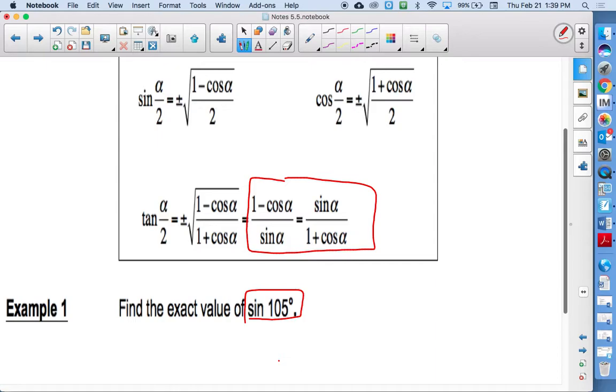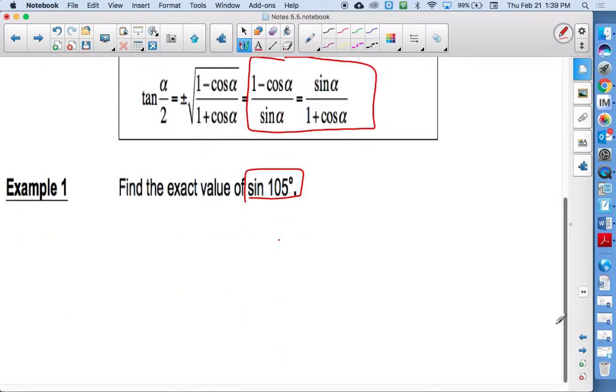So the half angle formula says we're going to take the sine of some angle cut in half. So we're going to take an angle, cut it in half, so that we get 105 degrees. So what angle cut in half would be 105 degrees, Virginia? 210.